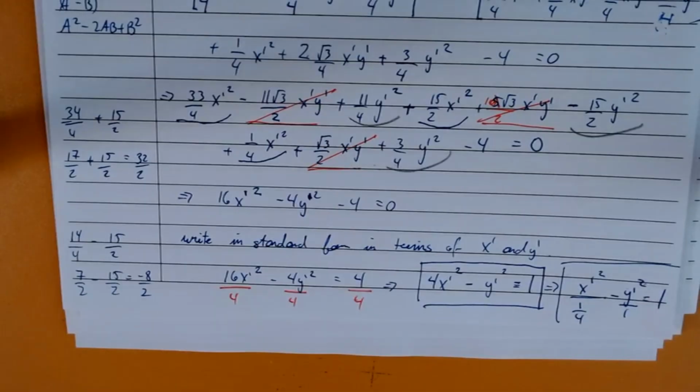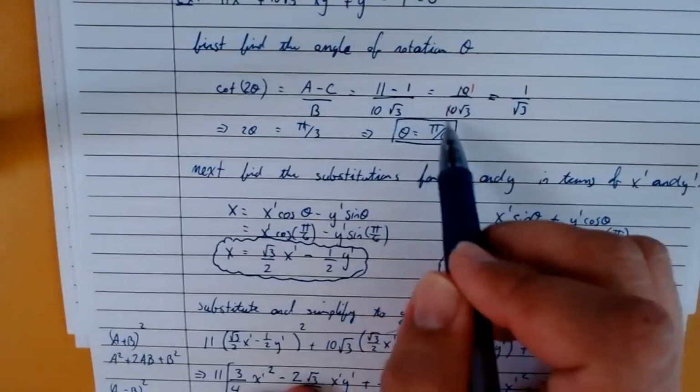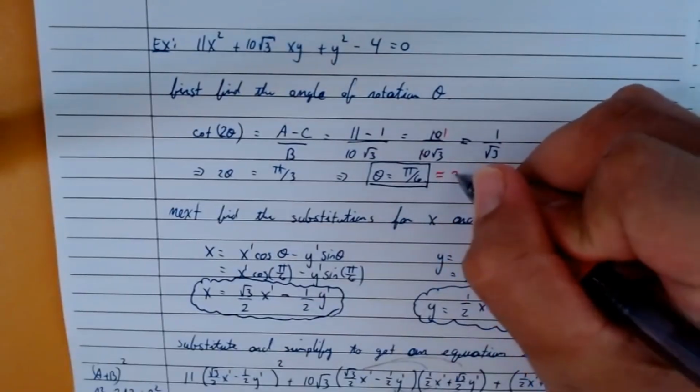So the last step of the problem is to go ahead and graph. You now know what this looks like in the x prime y prime coordinate system, and you know that the x prime y prime coordinate system is offset from the traditional coordinate system by pi over 6 radians, which of course is the same as 30 degrees.